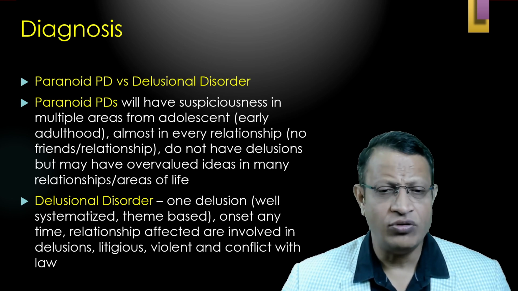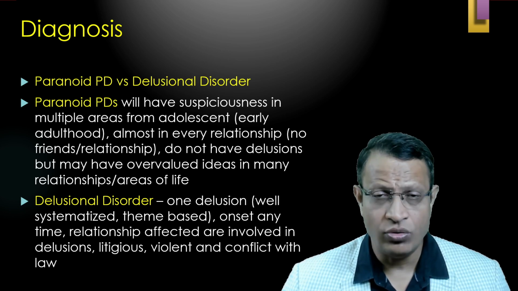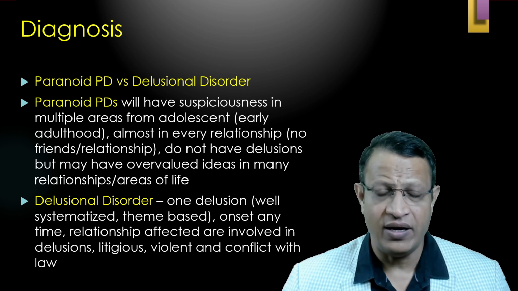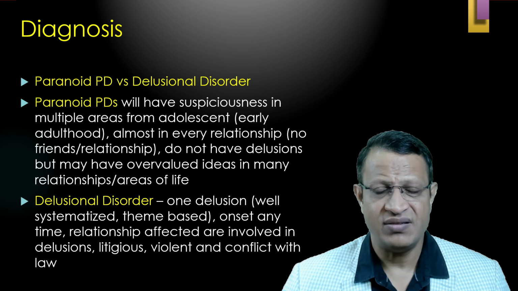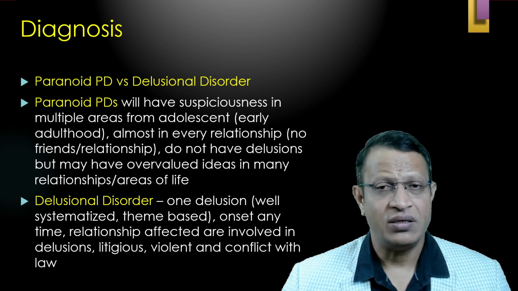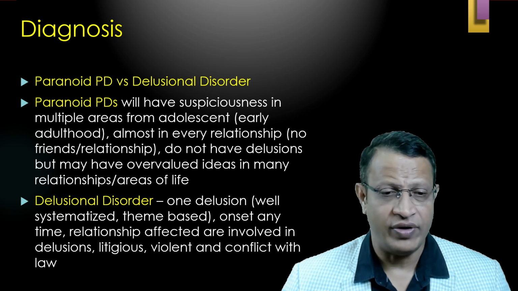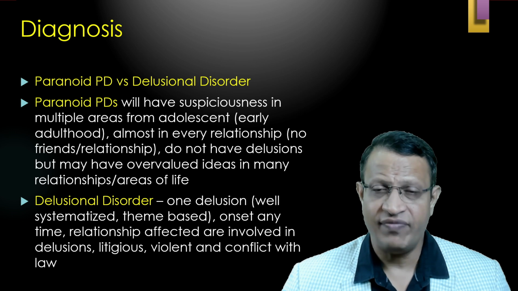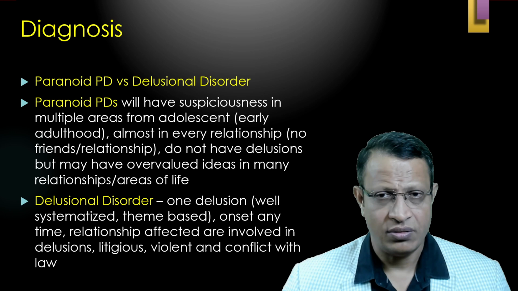If you look at delusional disorder, there will be one delusion, and the rest of the symptoms can be explained on a logical basis. That means they are well systematized. The onset will be after 22 or 24 years. It will affect the relationship between the family members and also the family of origin.